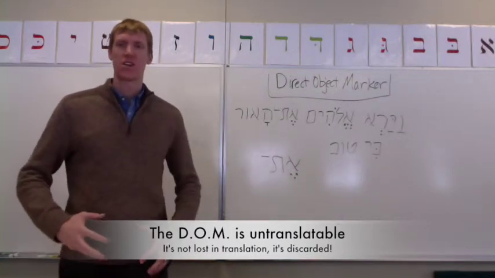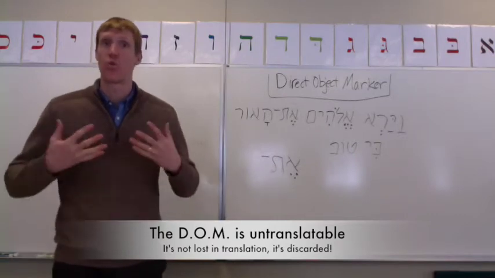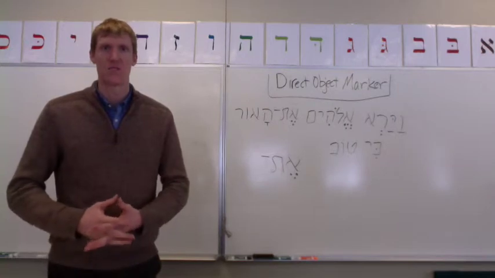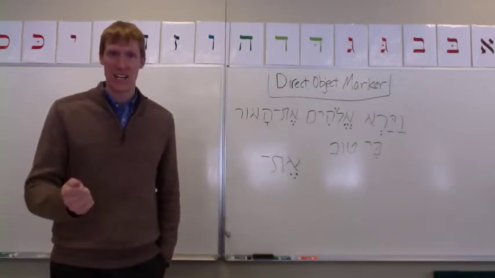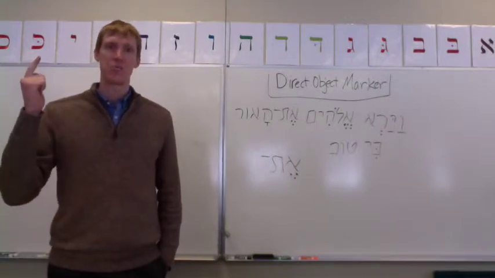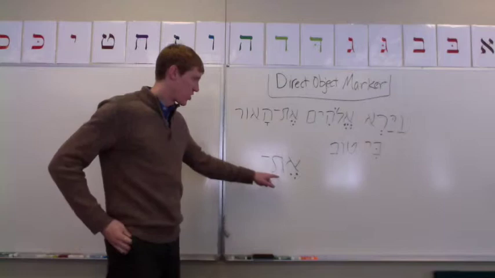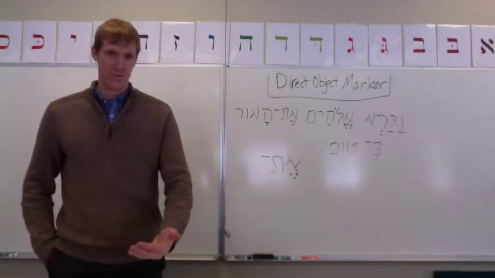It doesn't carry meaning in terms of a specific word that it would be translated into, or even a group of words that had some sort of semantic range. Rather, it's merely a sign. It's a sign that points you towards something. So it's a word that has a sign that points to a grammatical function.